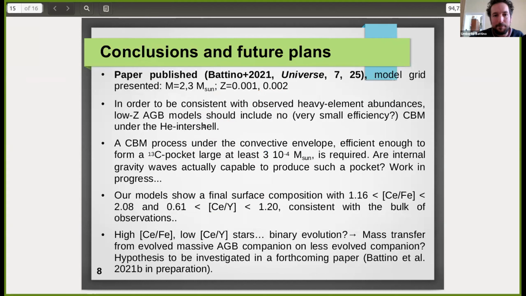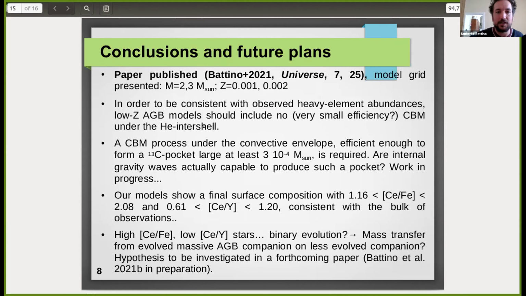So, some conclusions and future plans. Those results have been published in Battino 2021, in the Universe journal, and the models presented comprise 2 masses, 2 and 3 solar mass, and 2 metallicities, 10 to the minus 3 and 2 times 10 to the minus 3.